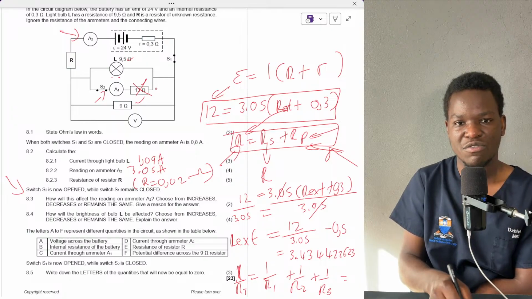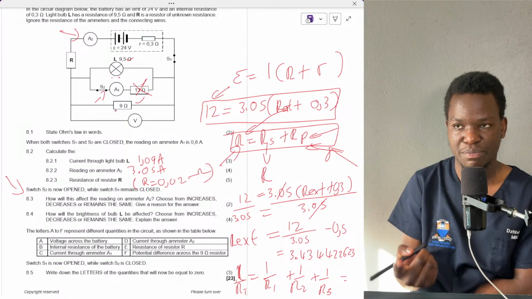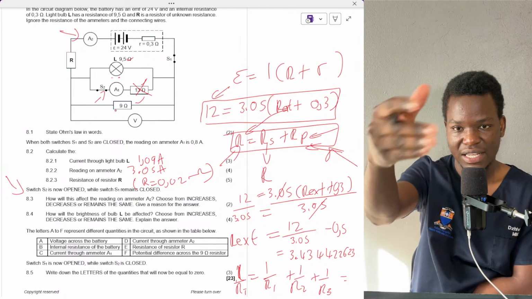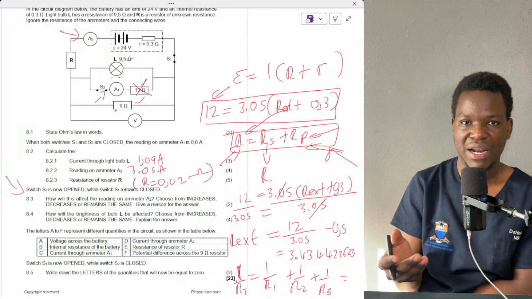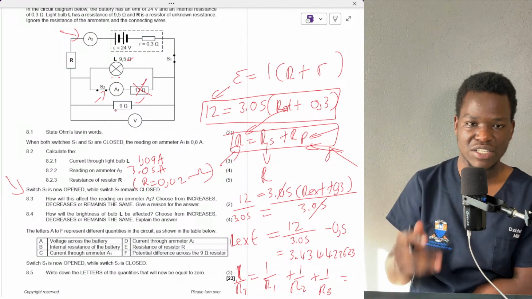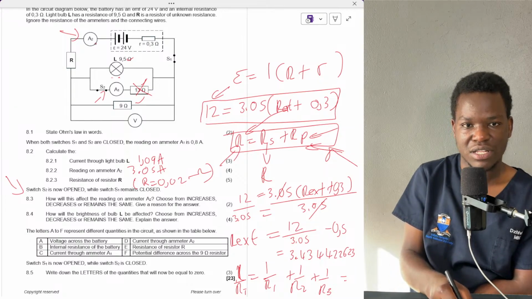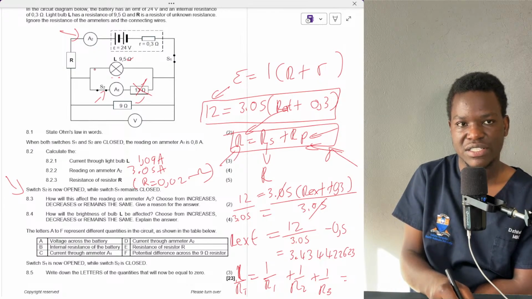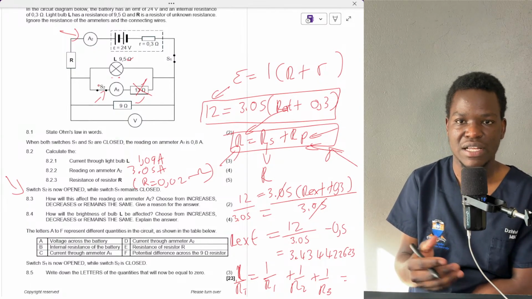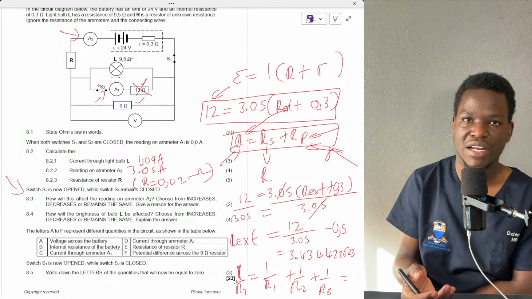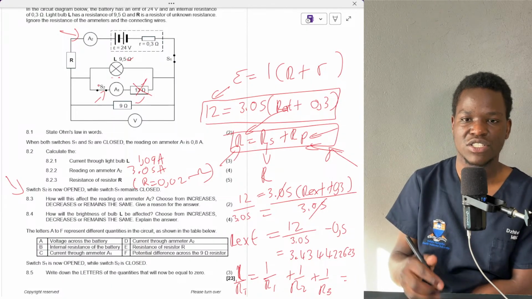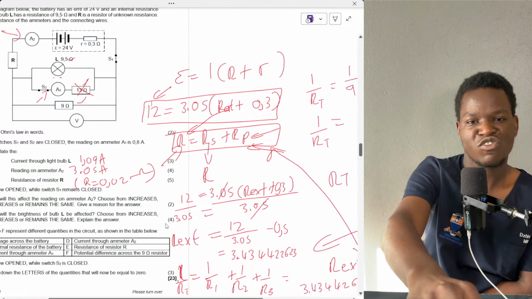So if we remove this, we'll have removed the resistors in parallel, as we have learnt in the previous questions. And removing resistors in parallel increases the total resistance. So this increases the total resistance. The resistance is inversely proportional to the current. Therefore, the current will decrease. So let me just put it in writing.